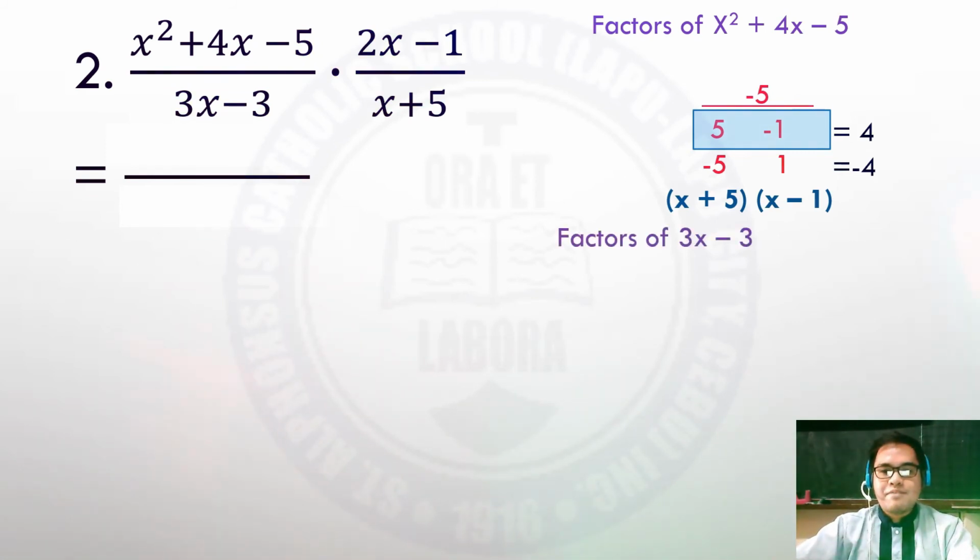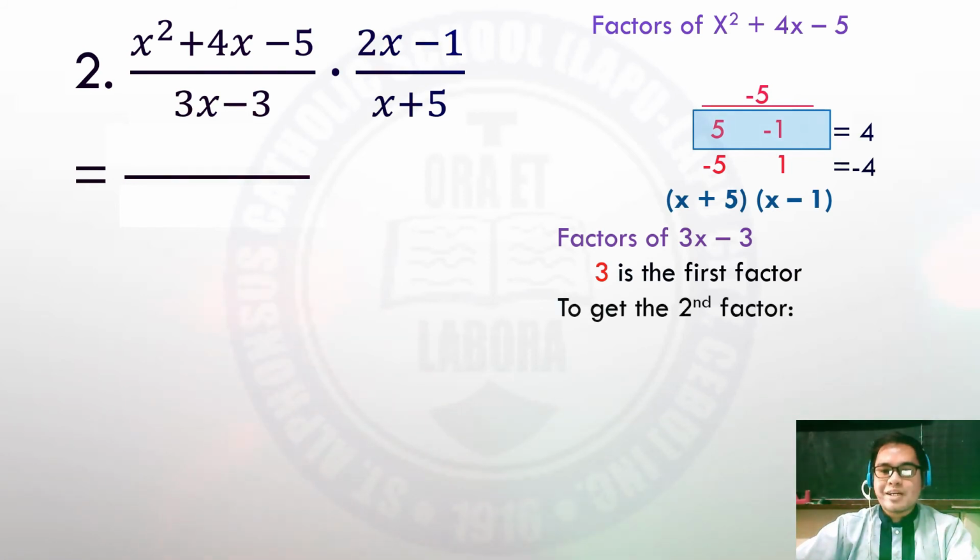Now, let us have this one also. Factors of 3x minus 3. So, 3 is the first factor of these two terms. Why? Because 3 can be seen in both the first term and second term. Now, how are we going to get the other factor?